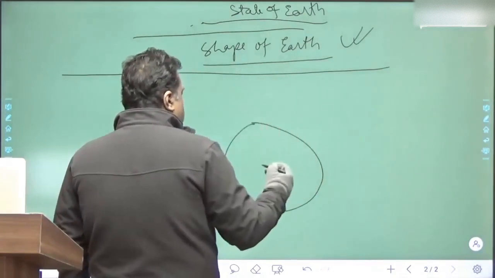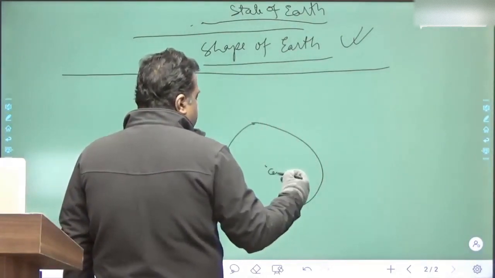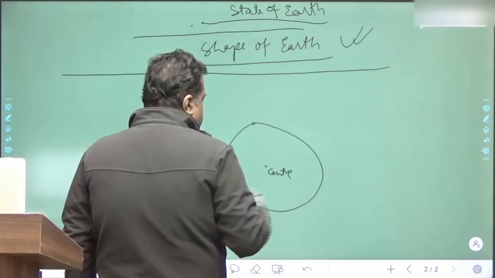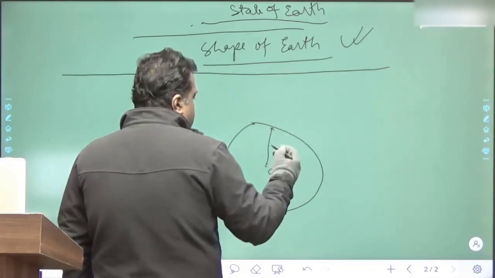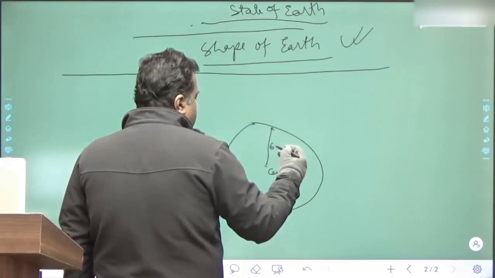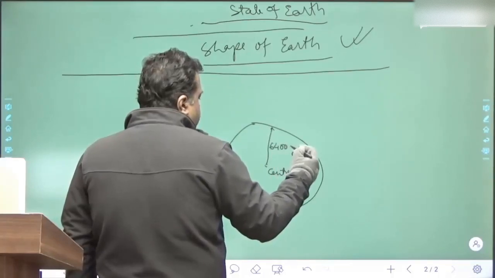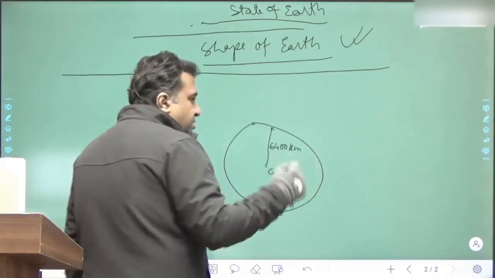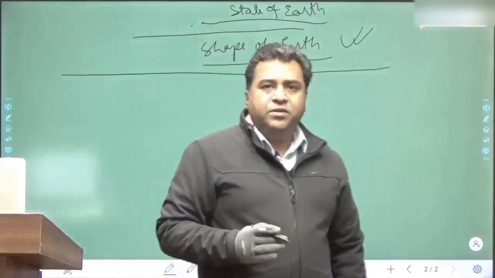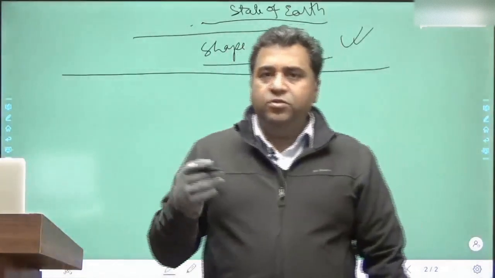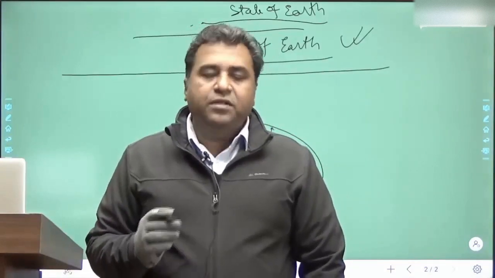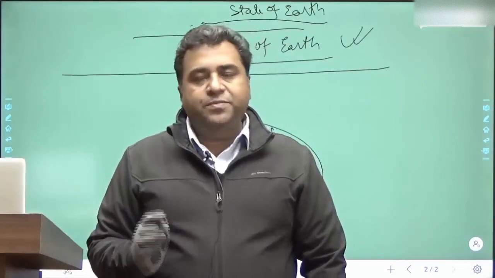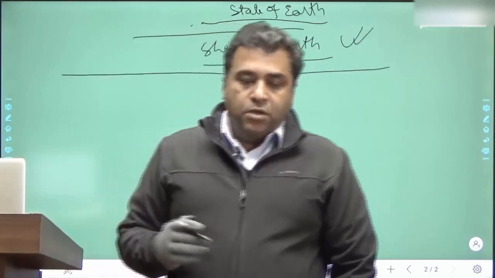So this is the earth. This is the center of the earth. Now from the center of the earth to the surface of the earth, the distance is approximately 6,400 kilometers. It is approximately 6,378 kilometers. Your NCERT mentions it at something like 6,300 kilometers, but even if you write 6,400 kilometers, that's perfectly fine.